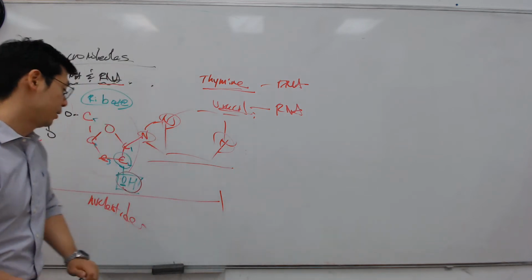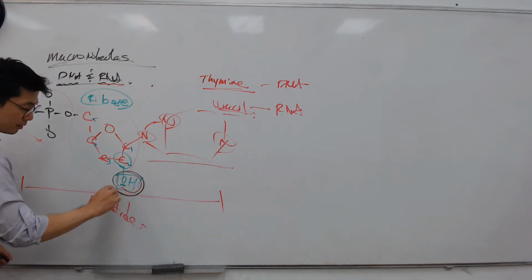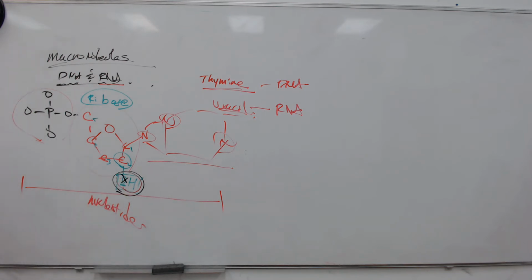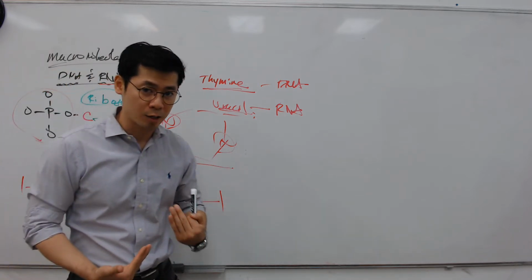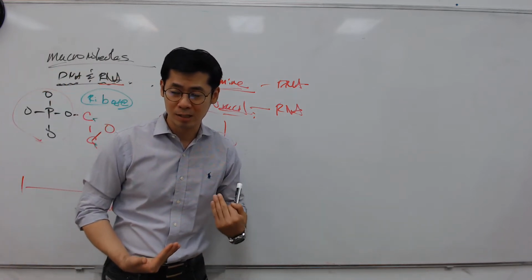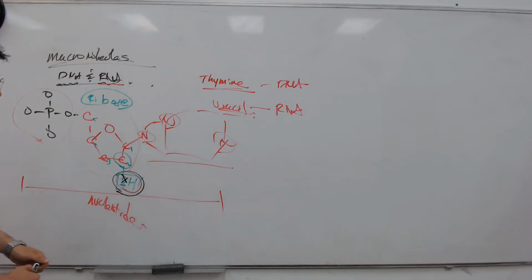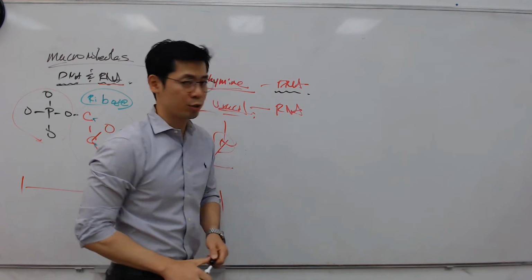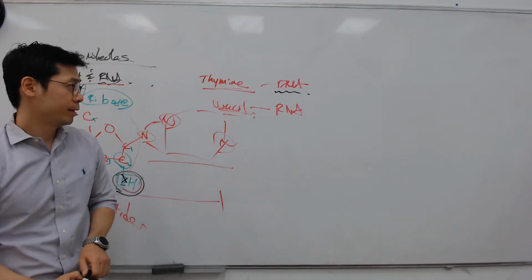DNA is missing one oxygen. So why does missing a single oxygen on the second carbon of the ribose help us use DNA instead of RNA? You have to understand, guys.